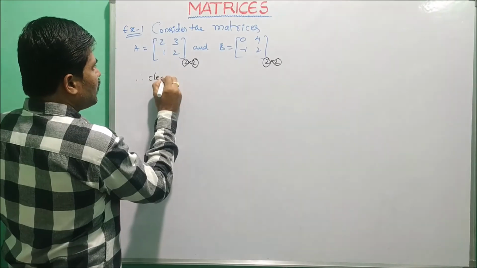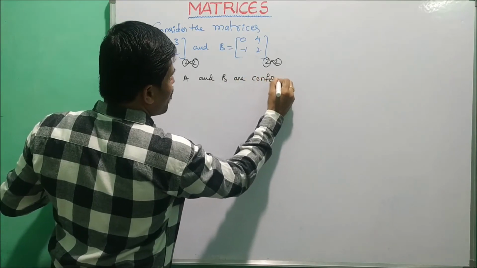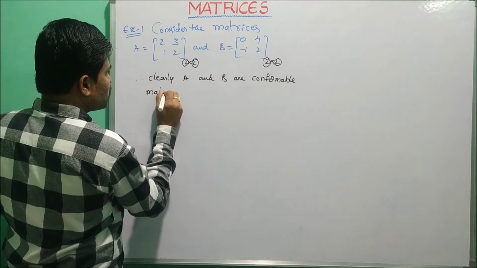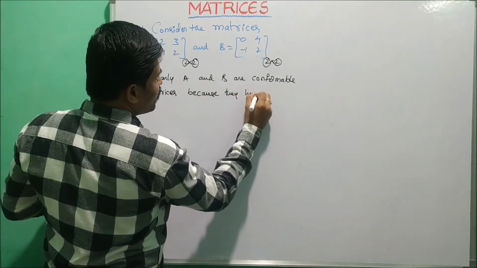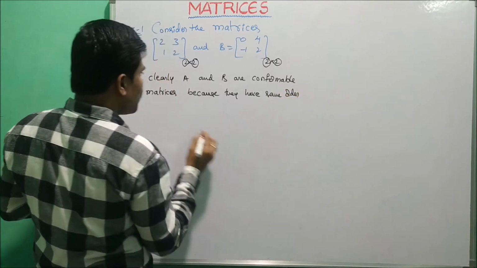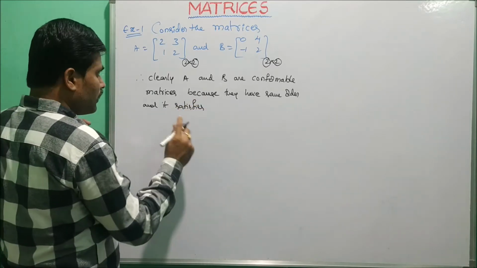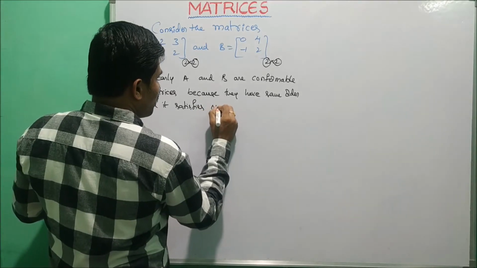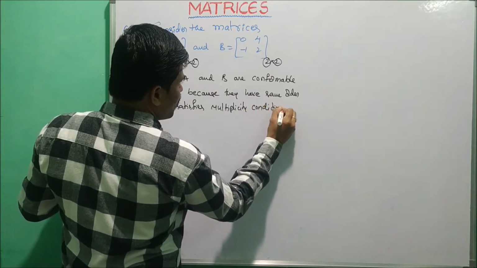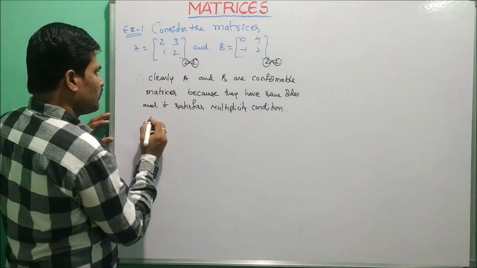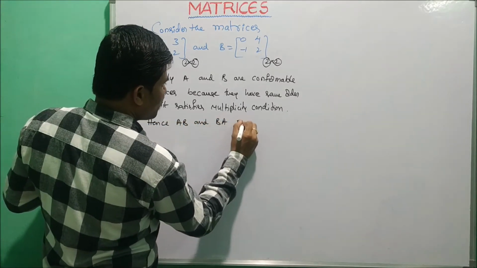Therefore, clearly A and B are conformable matrices, because they have the same order and it satisfies the multiplicity condition. So clearly AB and BA must exist.